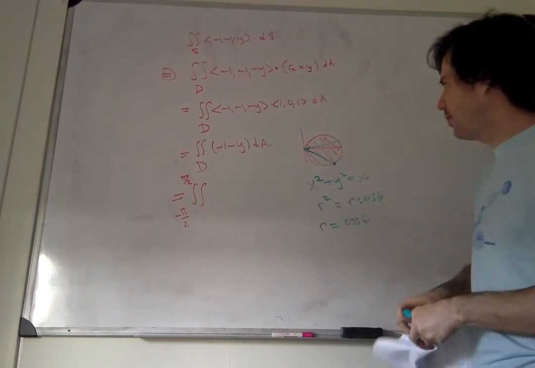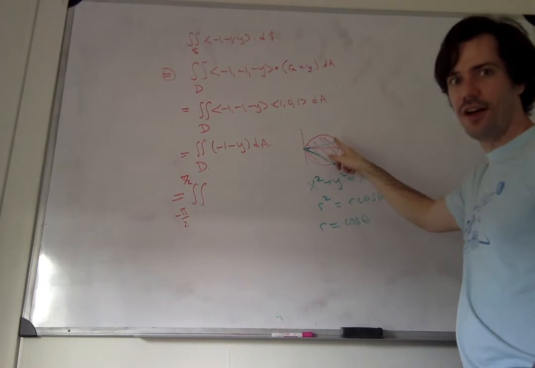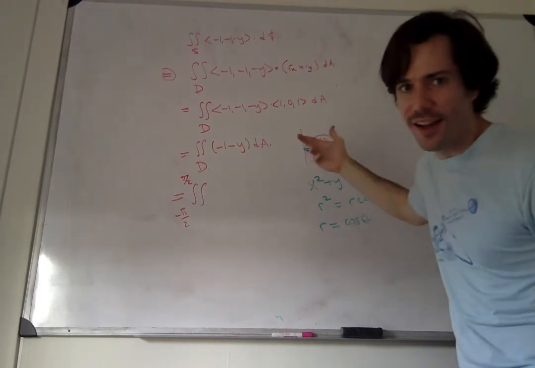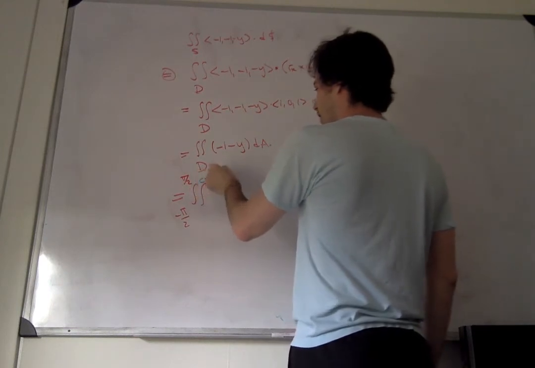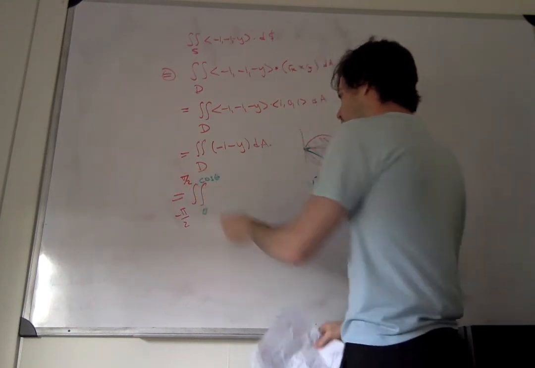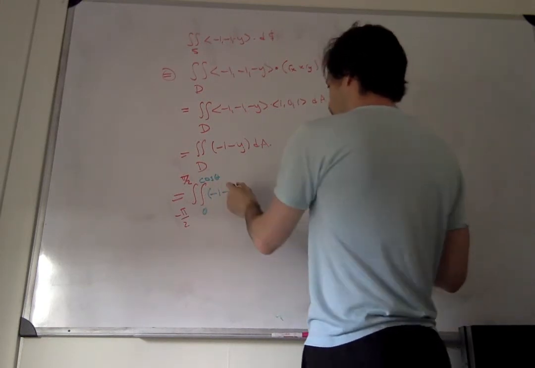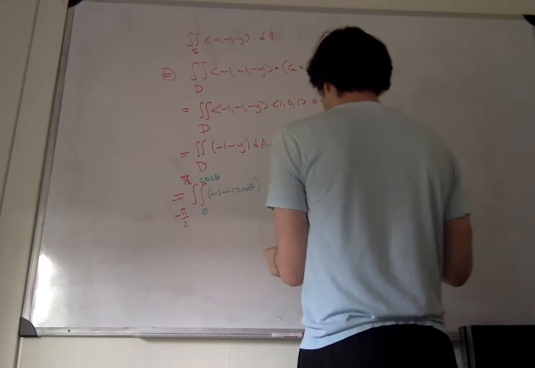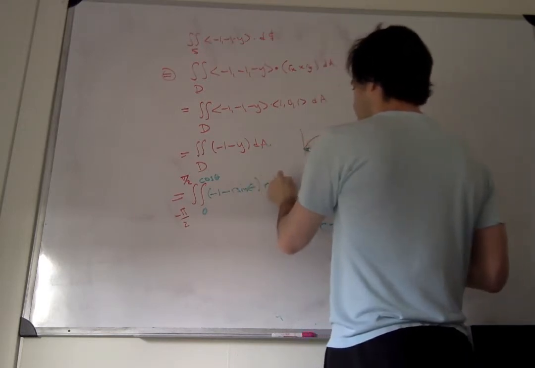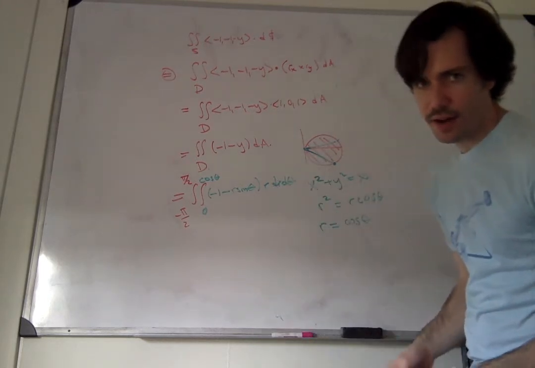So I want to go from r equals 0 to the circle, cosine theta. And this will be r sine theta, r dr d theta. Okay? r dr d theta.